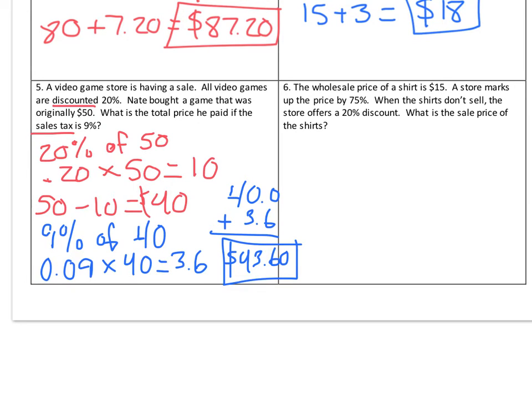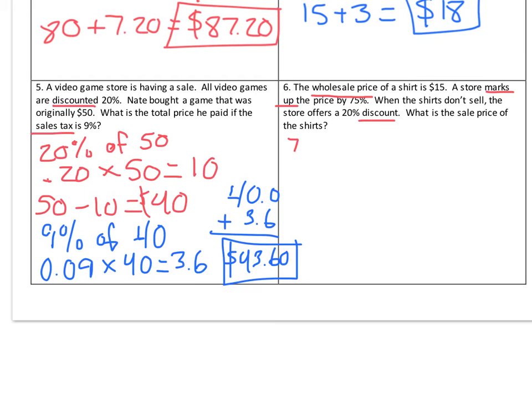Number 6, the wholesale price of a shirt is $15. Wholesale, that's important. A store marks up the price by 75%. When the shirts don't sell, the store offers a 20% discount. What is the sale price of the shirts? So first, I know I have to do a markup, and second, a discount.